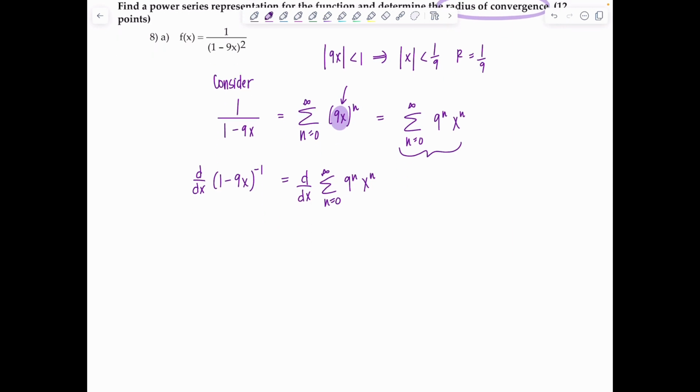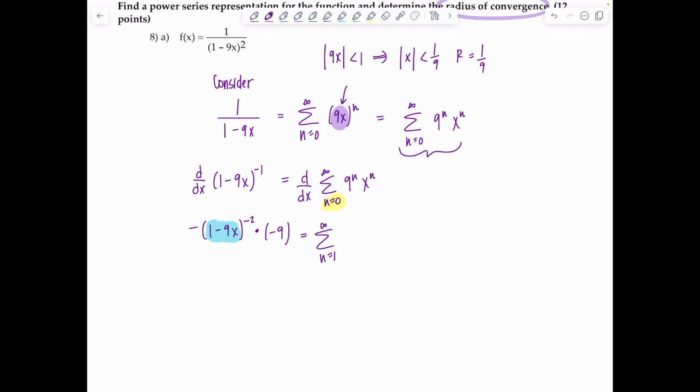So the derivative of (1 minus 9x) to the negative first would be negative 1 times (1 minus 9x) to the negative second, times, don't forget chain rule, the derivative of the inside, which is negative 9.